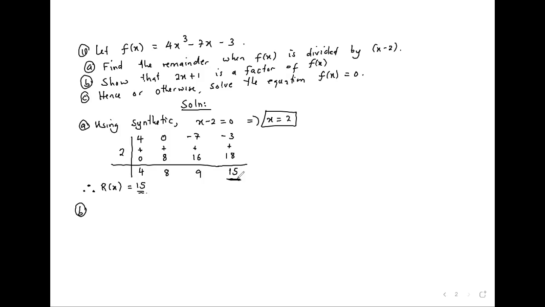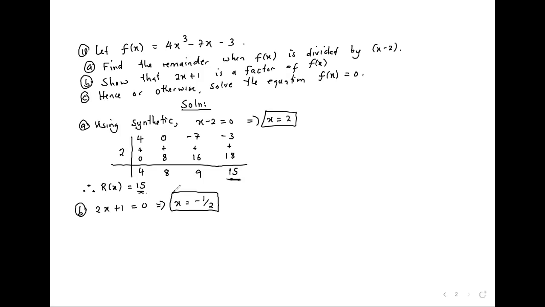So now, we'll use synthetic to check if this is a factor. We get 2x plus 1 equal to 0, so x is going to be negative 1 over 2. We don't care whether it is a fraction of this kind, we still use it. Synthetic works, and that's the beauty of it.